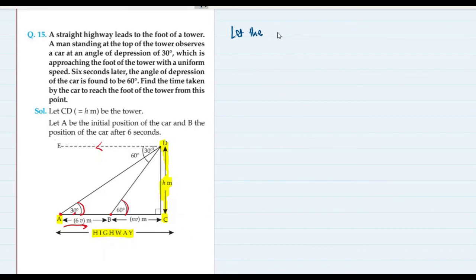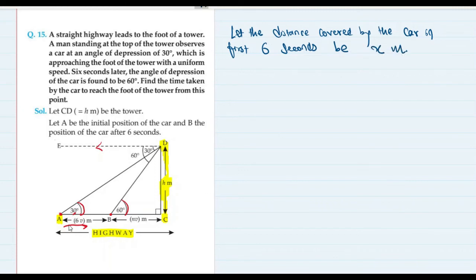Let the distance covered by the car in first 6 seconds be x meters. Okay, so this is x meters. I'm going to take this distance as x meters. The distance covered by the car in first 6 seconds be x meters.